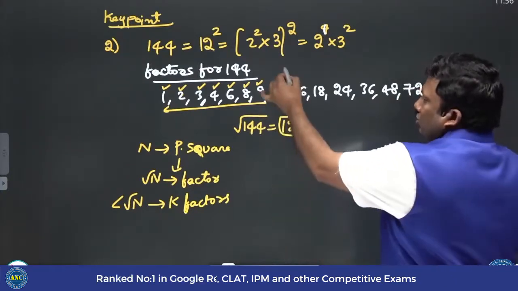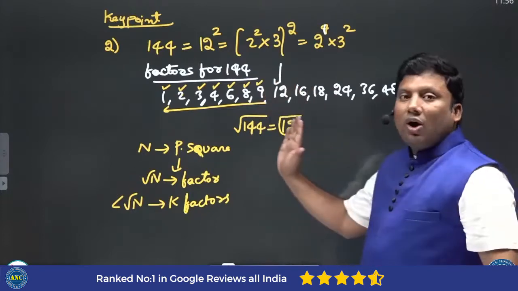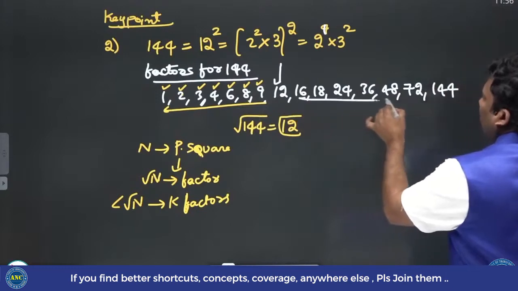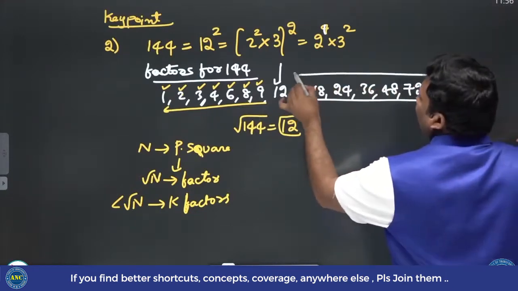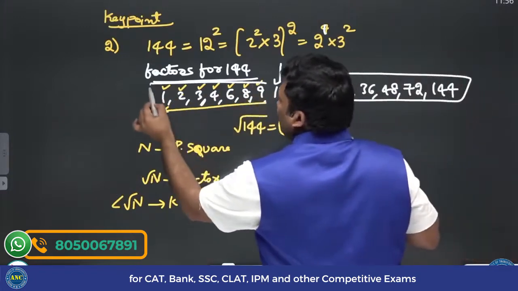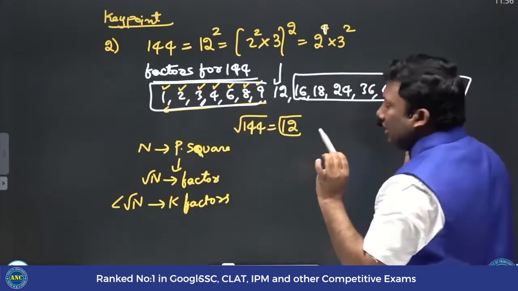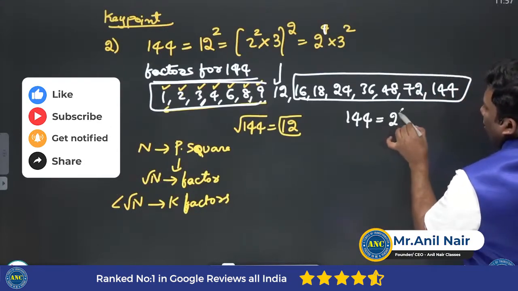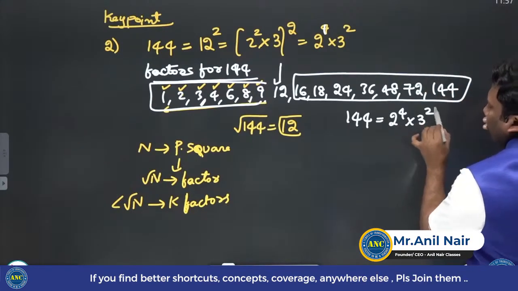Listen carefully. 12 is root n. Total, how many factors are there? 3, 6, 7. Right side also 3, 6, 7. There are 7 factors greater than root n and 7 factors less than root n. Here 144 is 2 power 4 into 3 square.